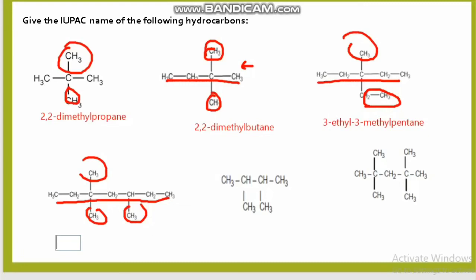We're going to start numbering from which side? From this side, because the numbers will be 3, 3, 5 instead of 3, 5, 5. So the name will be 3,3,5-trimethylheptane.